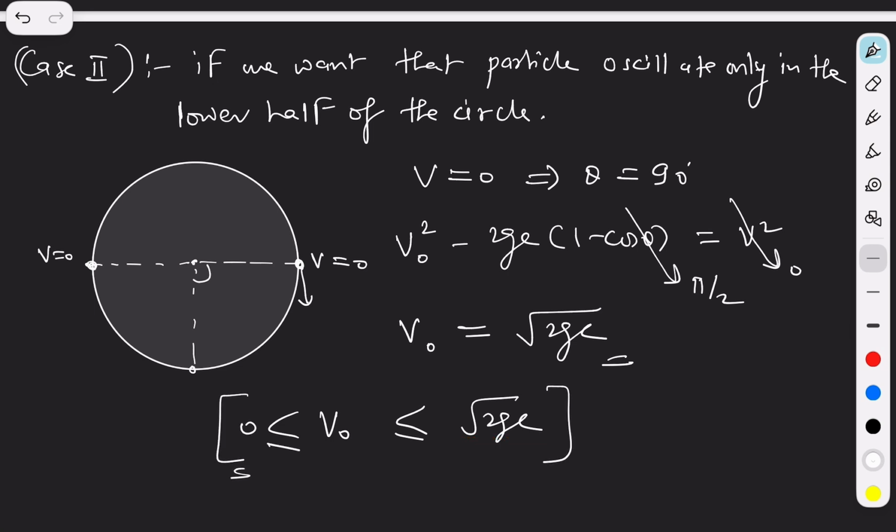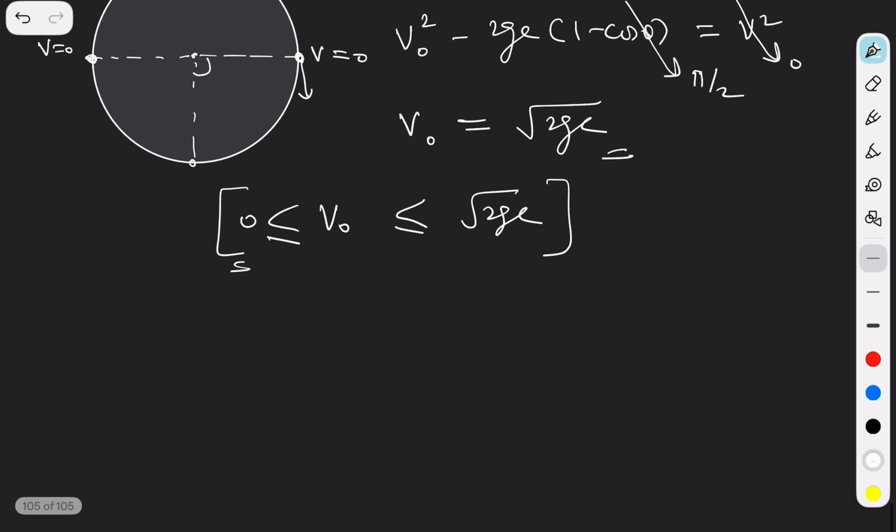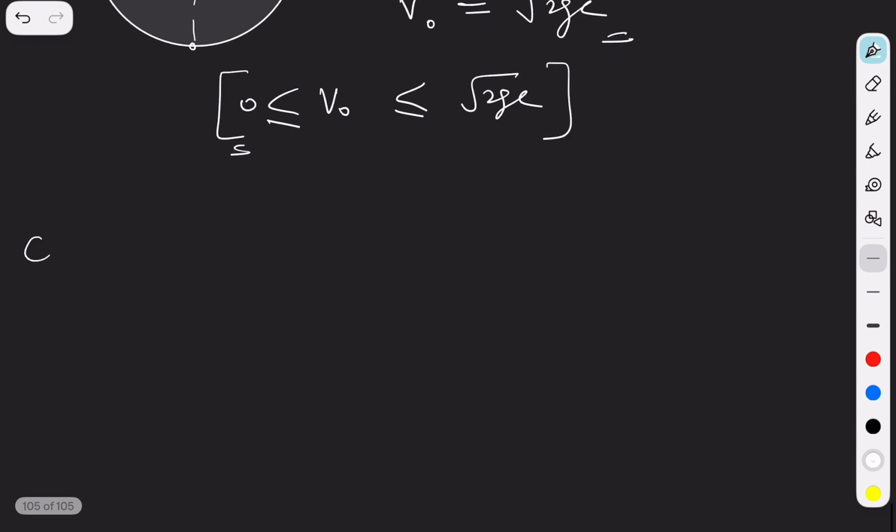Now comes the interesting part, case 3. What will happen if v naught is less than root 4gl and greater than root 2gl?